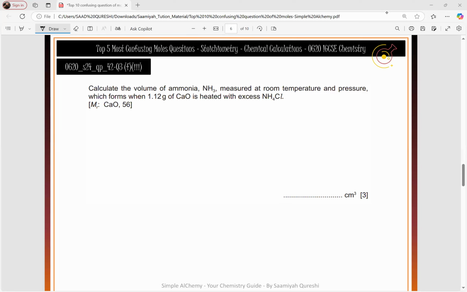Calculate the volume of ammonia measured at room temperature and pressure, which forms when 1.12 grams of calcium oxide is heated with excess NH4Cl. Now, in this question, we have to find out the volume of ammonia.